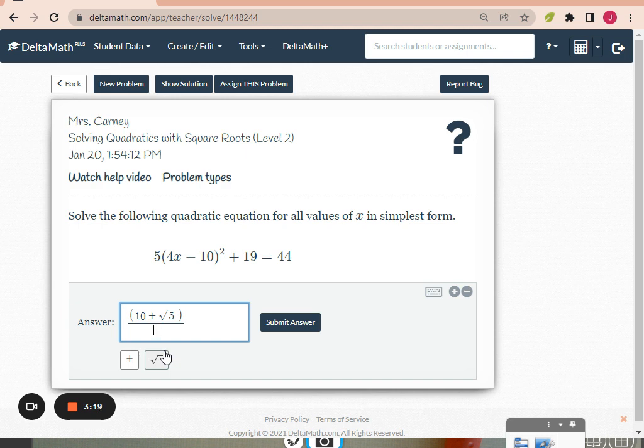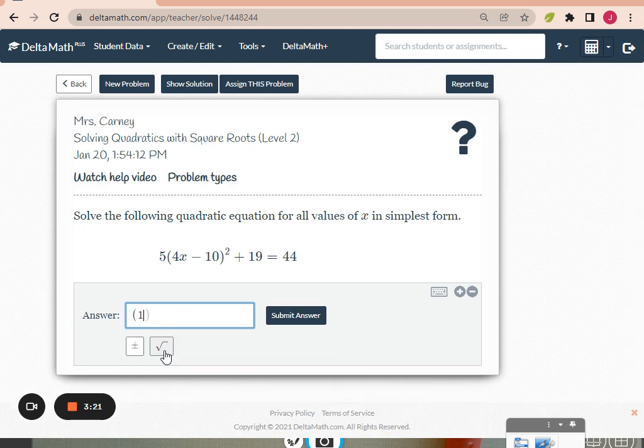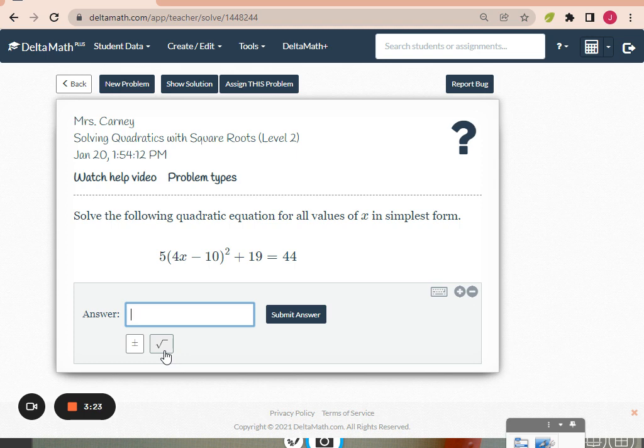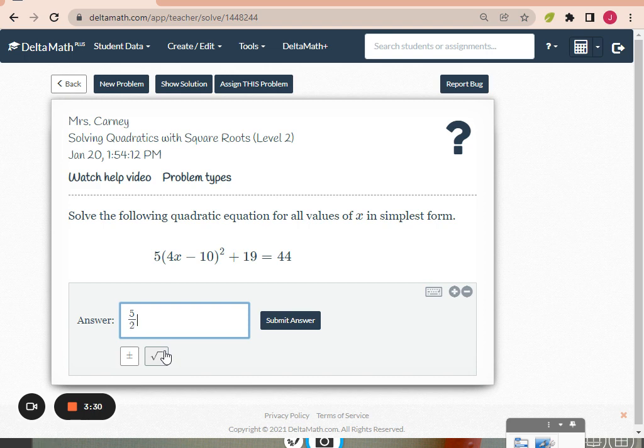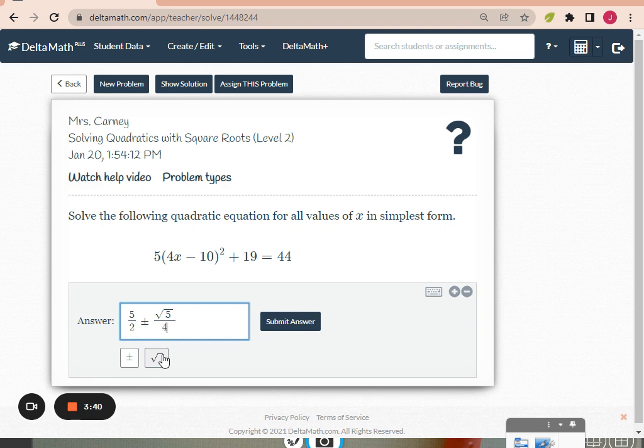I'm done. If you're a person who separated it, the 10 over 4 would have reduced to 5 over 2. And then I would have had my little plus or minus. I would have had the square root of 5 on top. And then arrow out of it. Make my fraction and a 4.